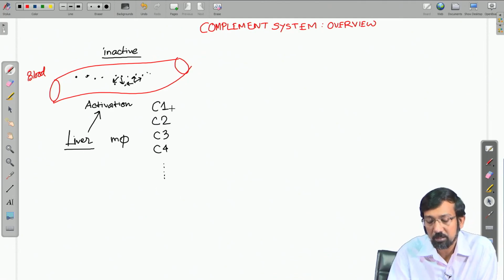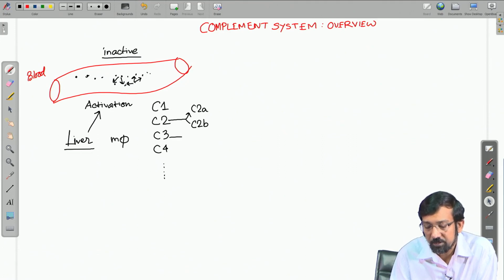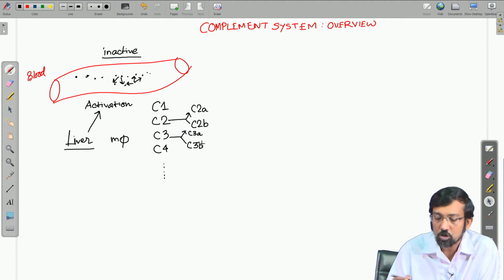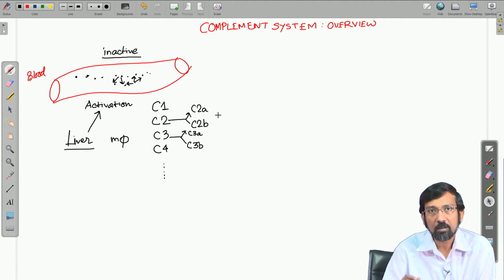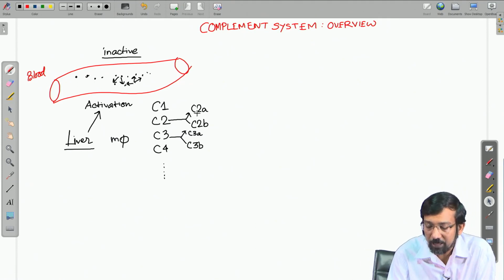For example, when C2 is cleaved, it can give rise to C2A and C2B. Similarly, when C3 is cleaved, it can give rise to C3A and C3B. Usually when they are cleaved, the smaller fragment is denoted by the term A.